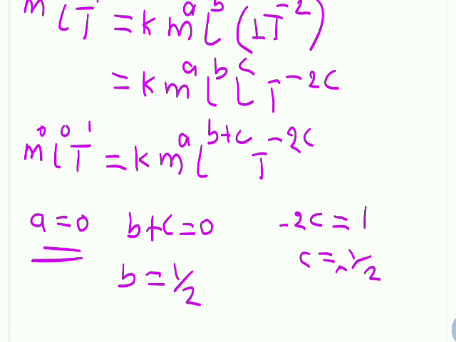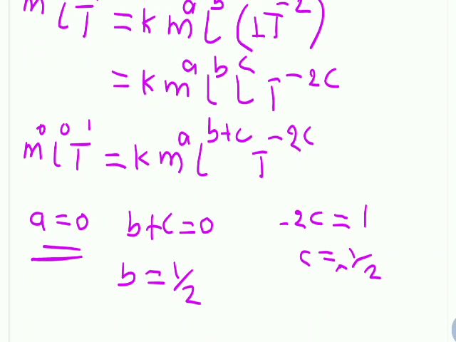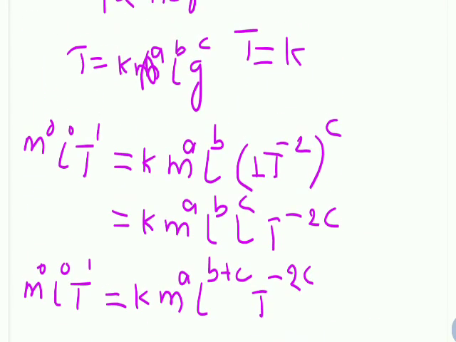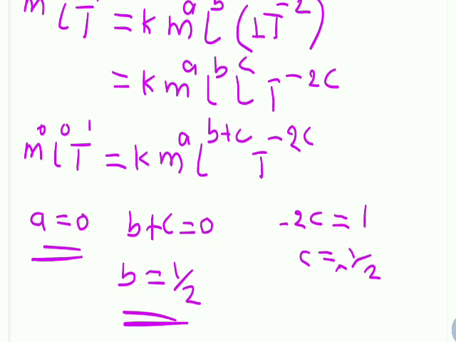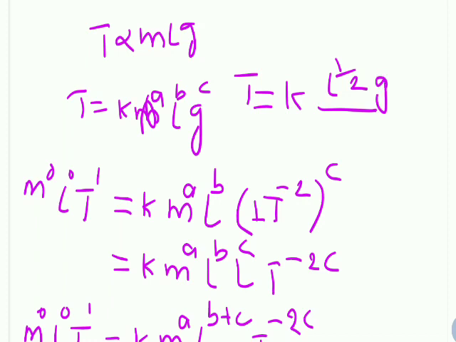So substituting these values above, then T is equal, A is equal to 0, so M is not required, B is equal to 1 by 2, L to the power of 1 by 2, and G to the power of minus 1 by 2.